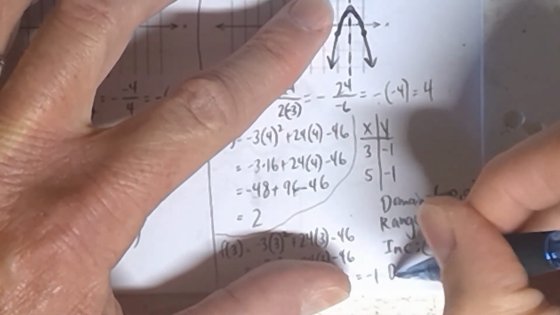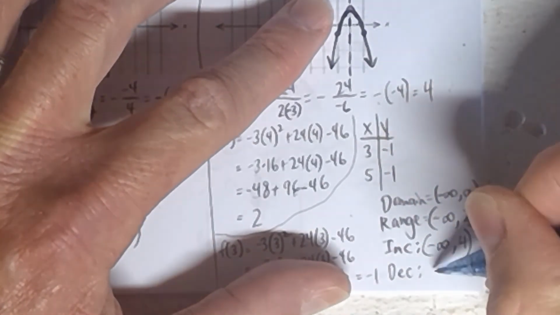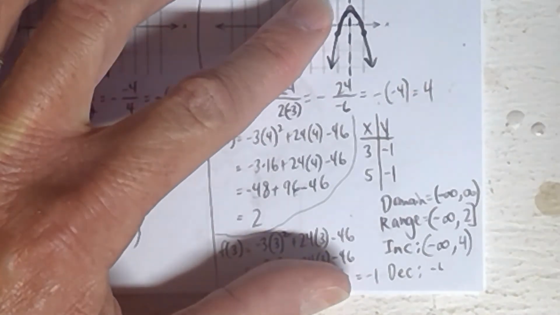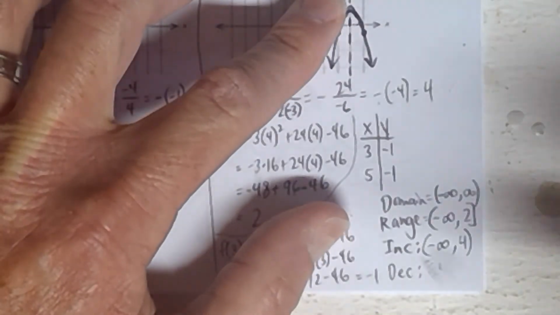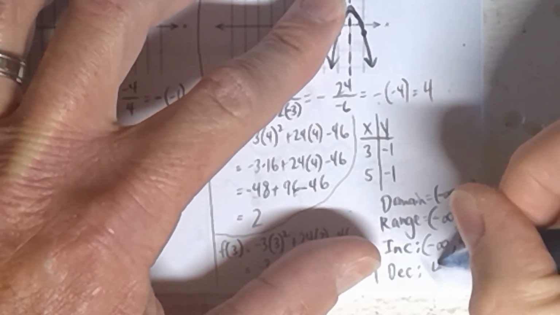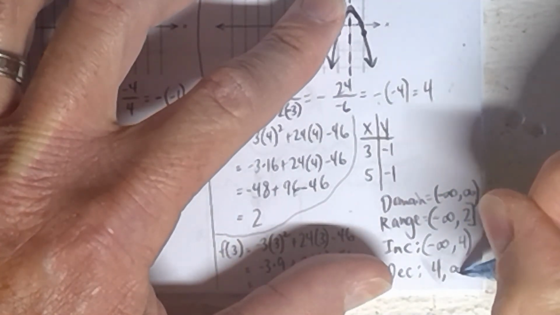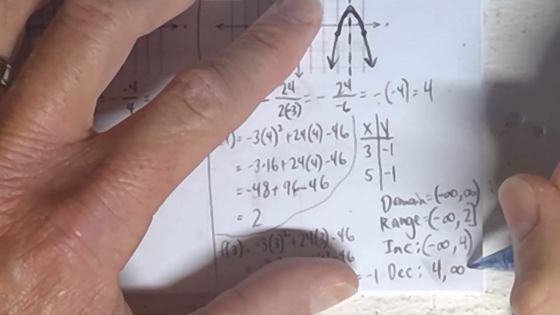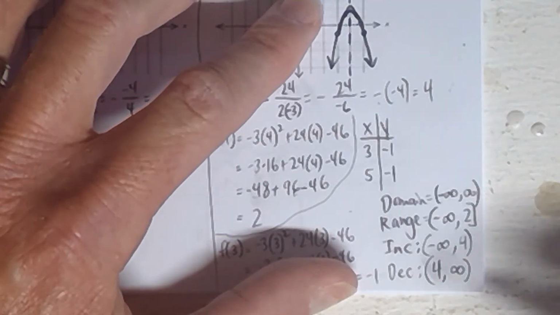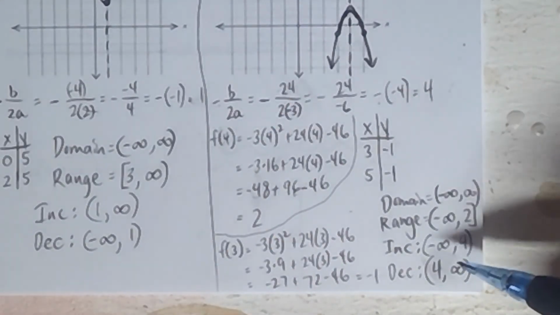So the decreasing part will start at 4. Not negative 4, excuse me. Starts at 4 and goes all the way to x equal to infinity. And there you go. So that's your domain, range, increasing and decreasing.